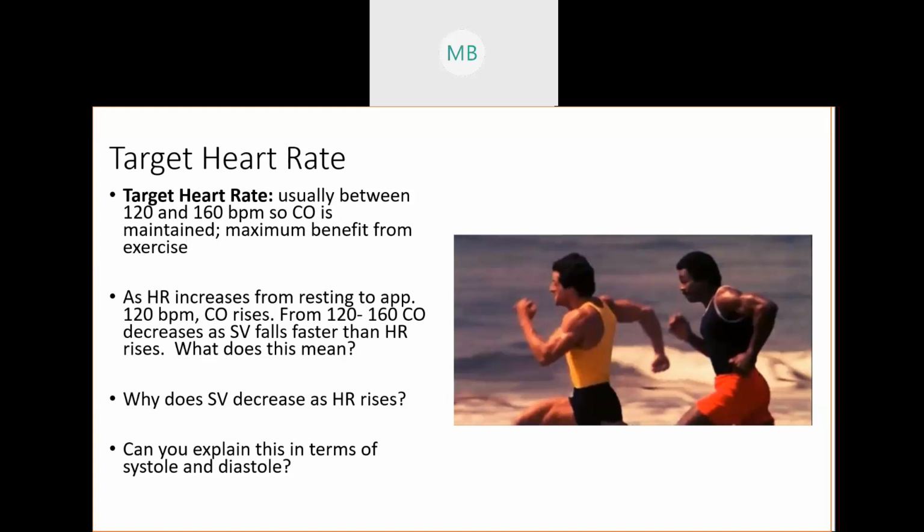When you are at rest, your average heart rate is usually 75 beats per minute, and your stroke volume is normally 70 milliliters per beat, meaning an average individual at rest, when you are sleeping or at home vegging out and zoning out to Netflix, has a cardiac output of about 5.25 liters per minute. Your maximum cardiac output is supposed to be 4 to 5 times the resting cardiac output.